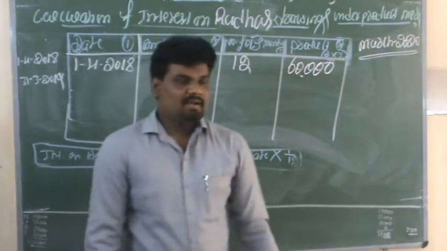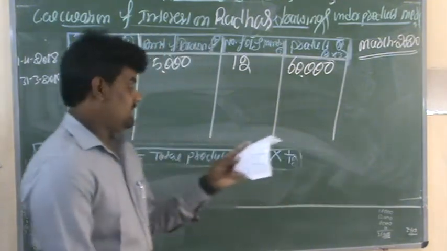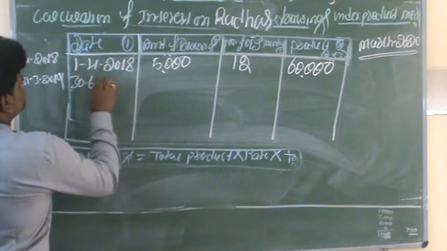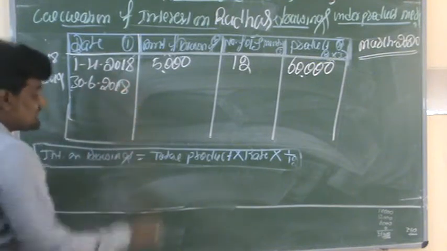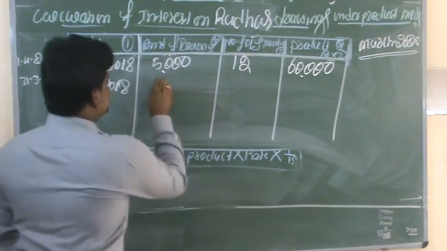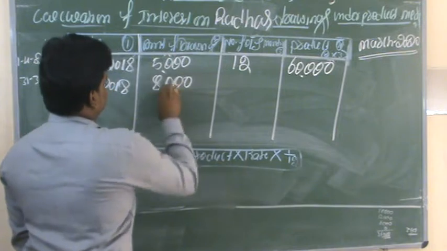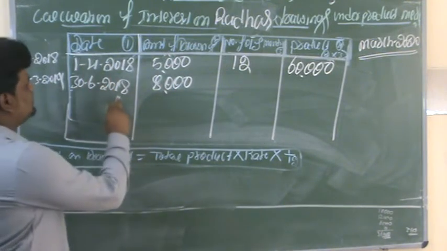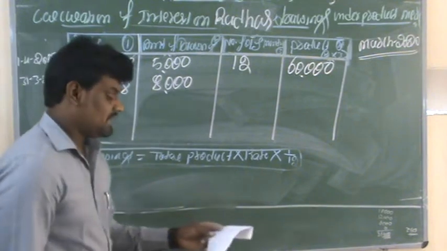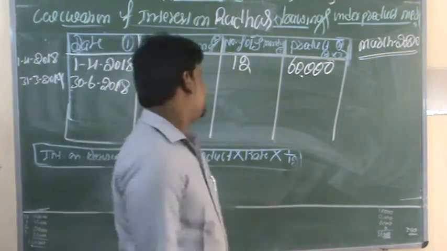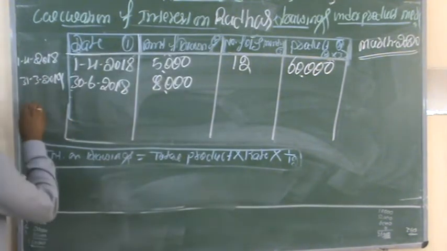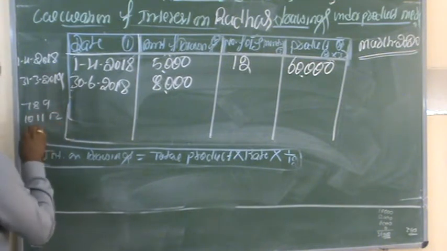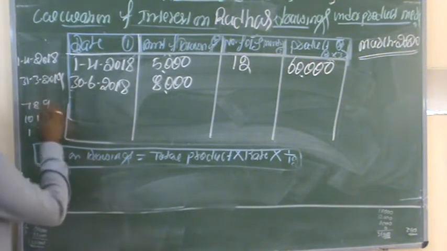And the partner withdraws again on a different date, 1/6/2018. On this date they are withdrawing 8,000 rupees. So from 1/6/2018 to 31st March 2019, we have to calculate the months: 7, 8, 9, 10, 11, 12, 1, 2, 3.